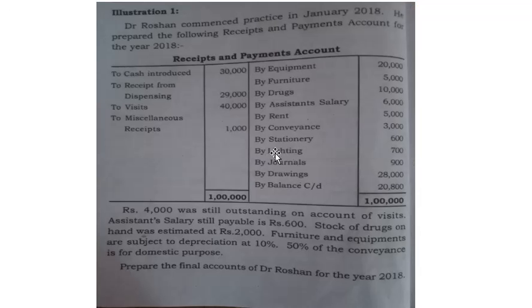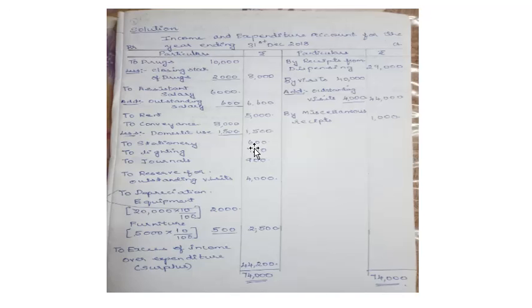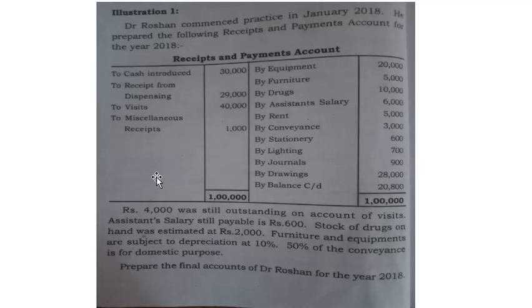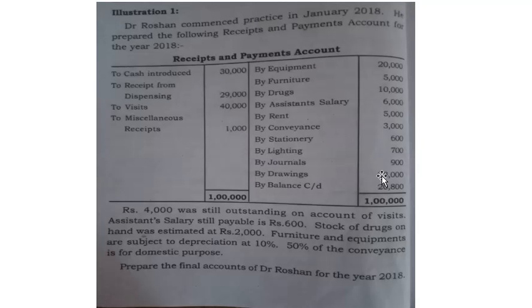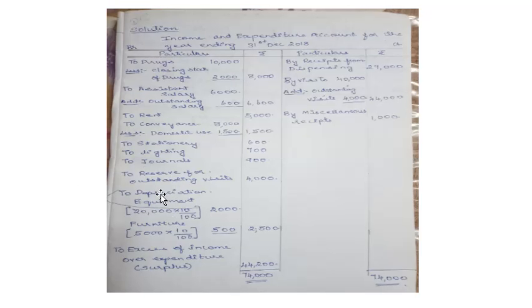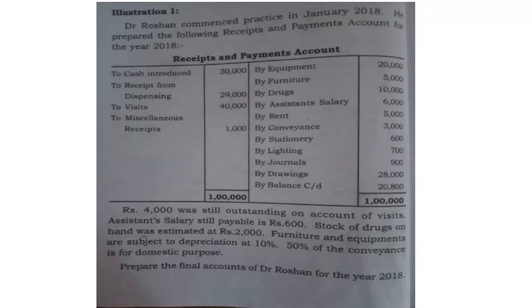Next, stationery 600. So go here and write stationery 600. No adjustment for stationery. Next, lighting, write lighting 700. Next, to journals 900. So write here journals 900. Next, drawings will not come. Drawings is a balance sheet item, it will come in the balance sheet.